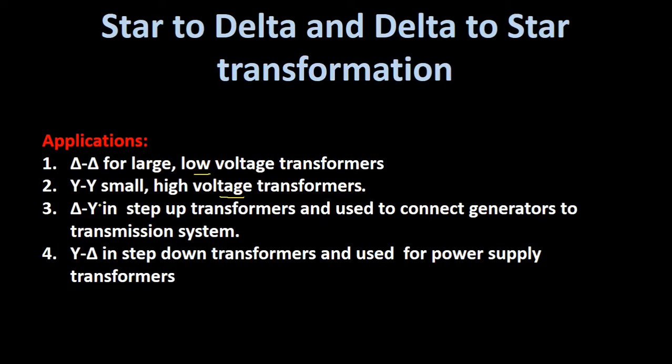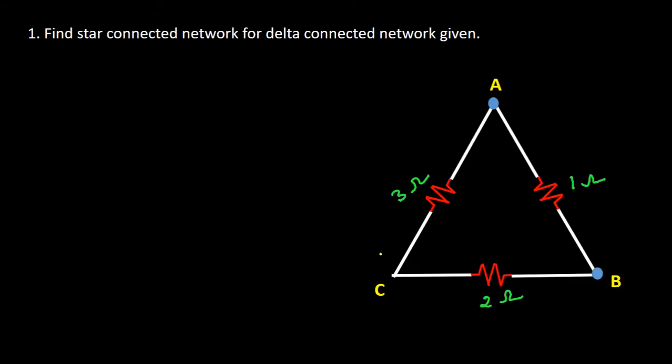The delta to star connection is used in step up transformers, and it's also used to connect generators to the transmission systems. And the fourth application is the star to delta connection, which is used in step down transformers and is also used for power supply transformers. Okay, now we are going to solve two questions.